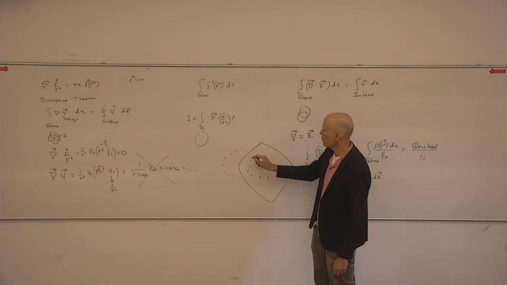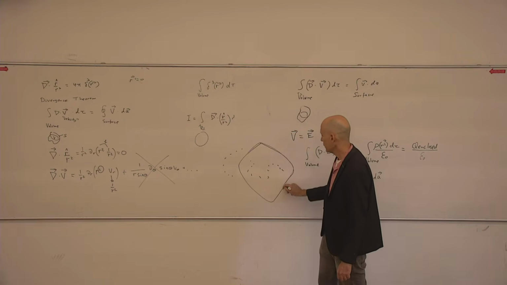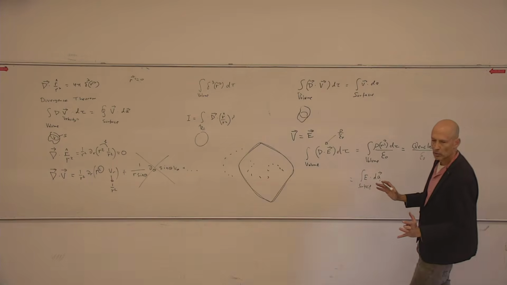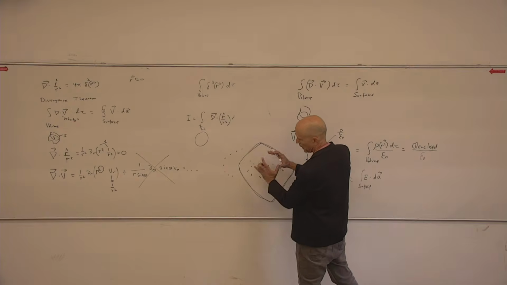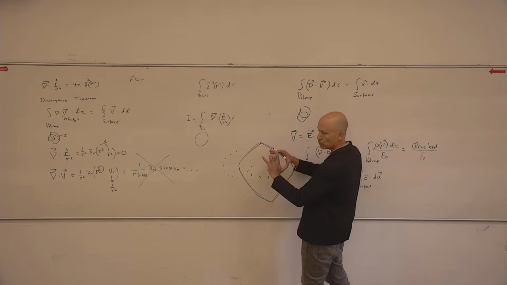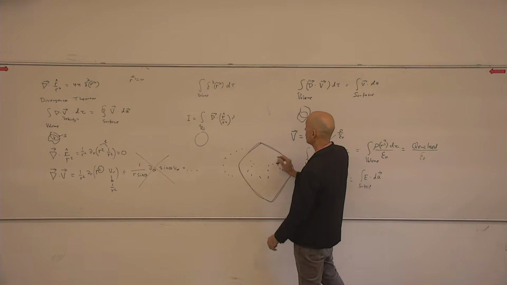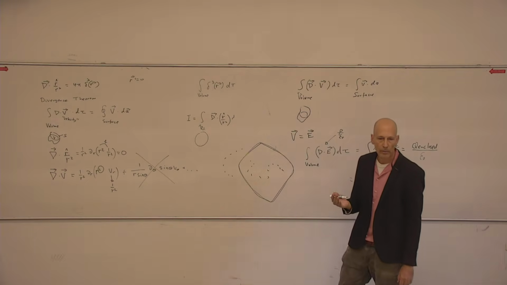I have some electric field along here. It might be very difficult to calculate, but if I take this surface, and it's in 3 dimensions, the surface is in 2 dimensions inside the 3 dimensions, so it comes out, I circle it. And then I take every point, there's some electric field. For example, I measure it.